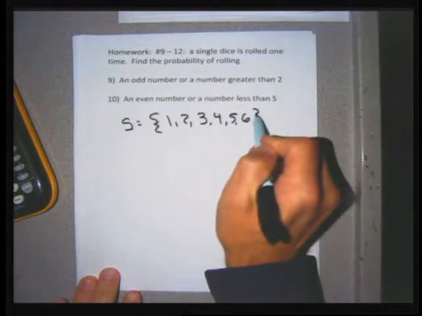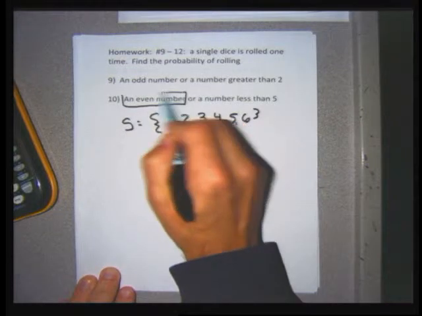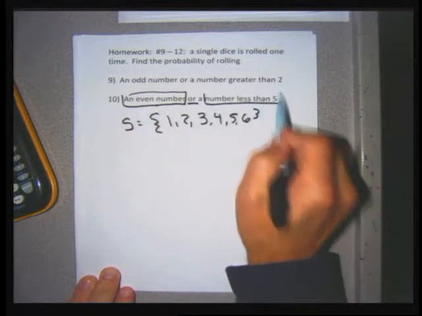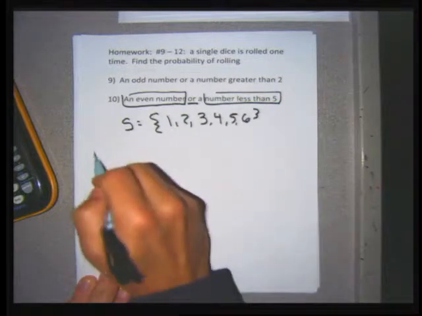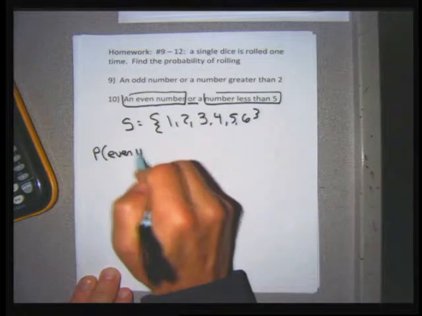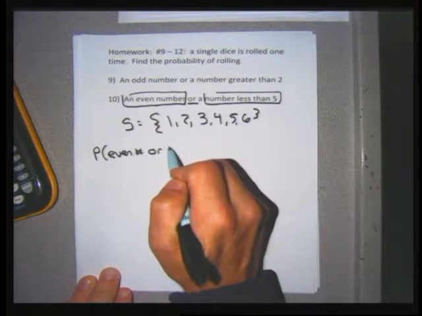I'm going to do 10, and in 10, the probabilities that I'm comparing is getting an even number or a number less than 5. So I want to do the probability of getting an even number or a number that's less than 5.